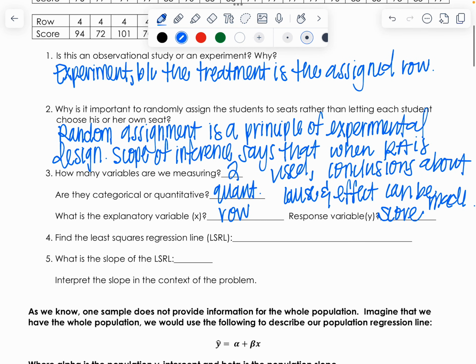Okay. Now the least squares regression line, remember to do this. This is just a big review. We're going to hit stat enter.